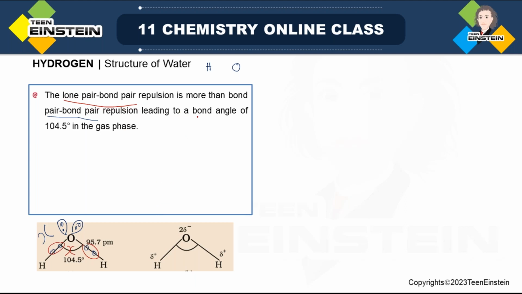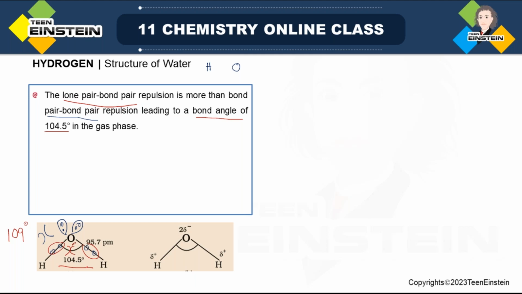And that is the reason it is leading to a bond angle of 104.5 degree when it is in gas phase. Normally if we consider the central atom oxygen, it is basically tetrahedral, and the ideal angle for tetrahedral should be 109 degree 28 minute. But here you can see the angle is 104.5 degree, which is lesser than 109.